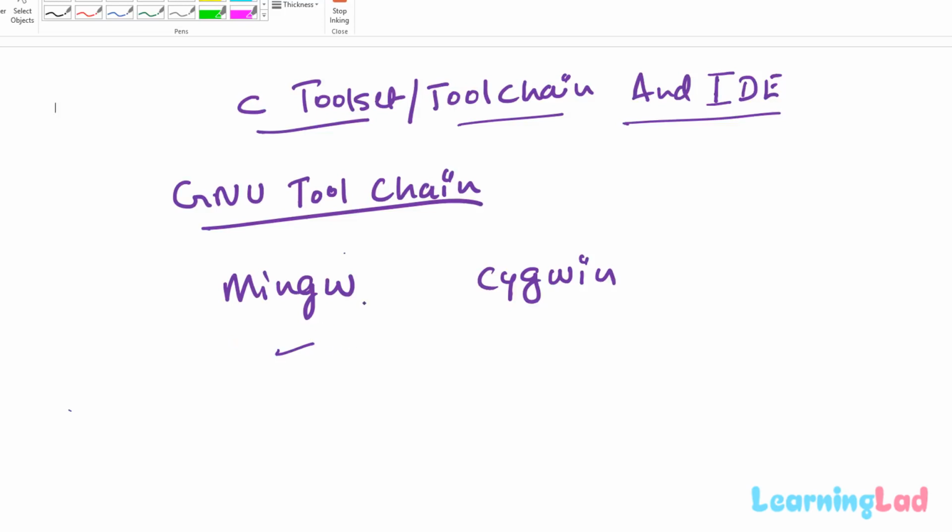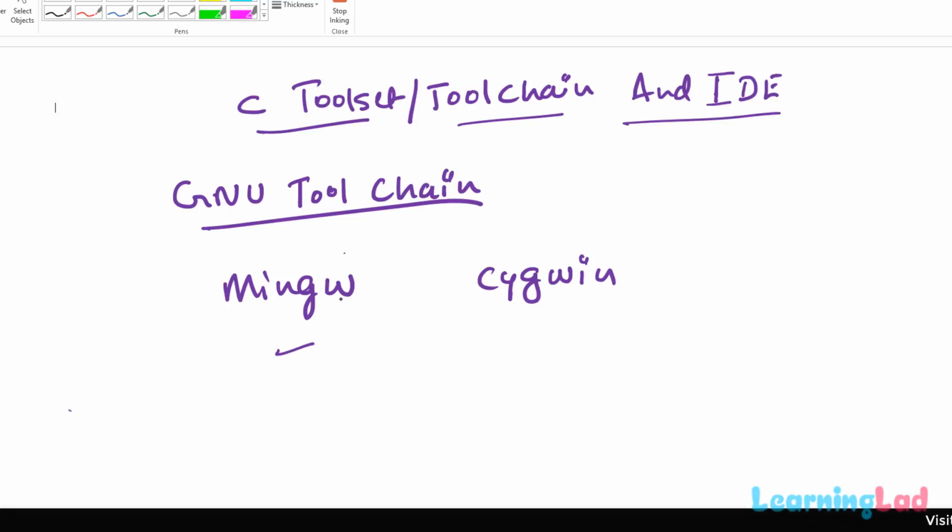You can install either of these and you will be able to follow along with all the tutorials. But when you install MinGW or Cygwin, they provide a single command by which you can perform the whole compilation and linking process and produce the executable.